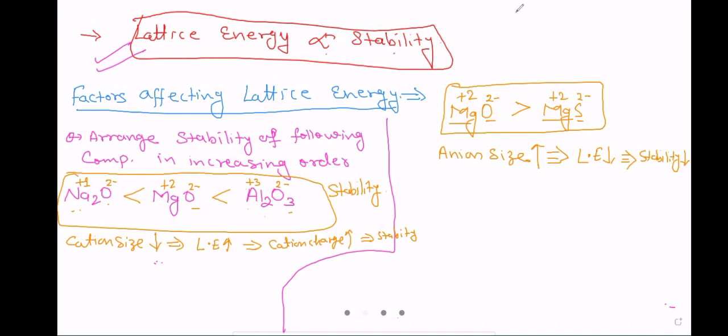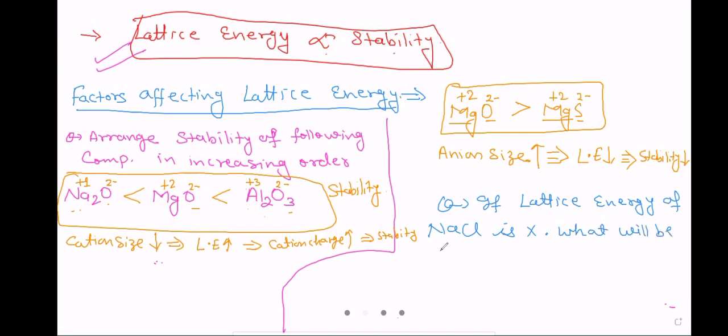One more question. If the lattice energy of NaCl is X, what will be the lattice energy for MgO?